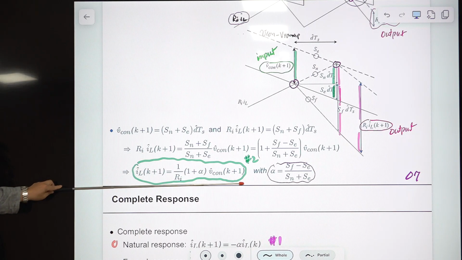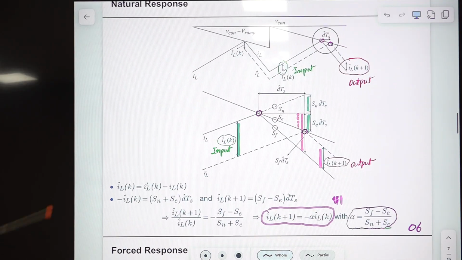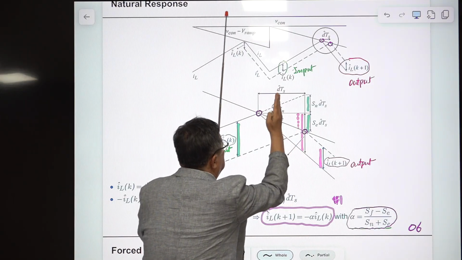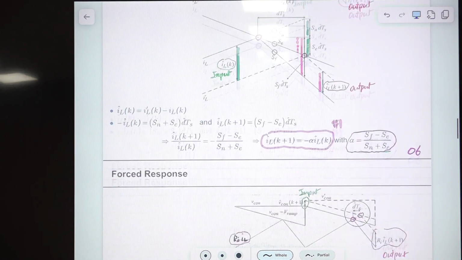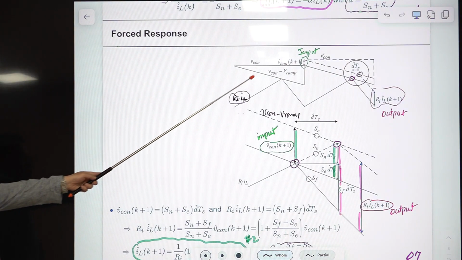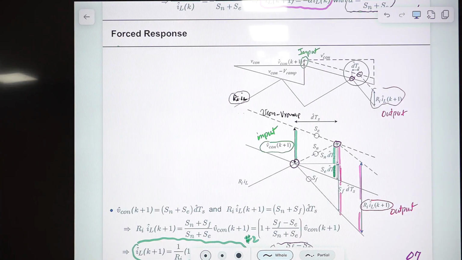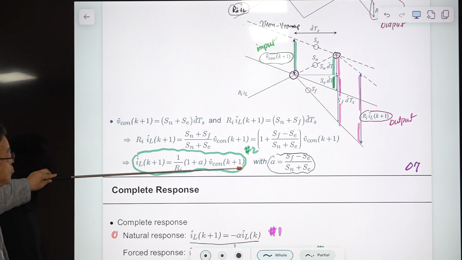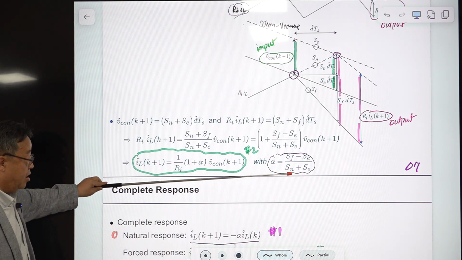The control voltage disturbance at the K period is directly changing this, because the current disturbance is to propagate after one switching period has passed, but this disturbance is assumed to occur here, okay? So we have this another equation. This is equation number 2, and you are using the same variable alpha defined like this.